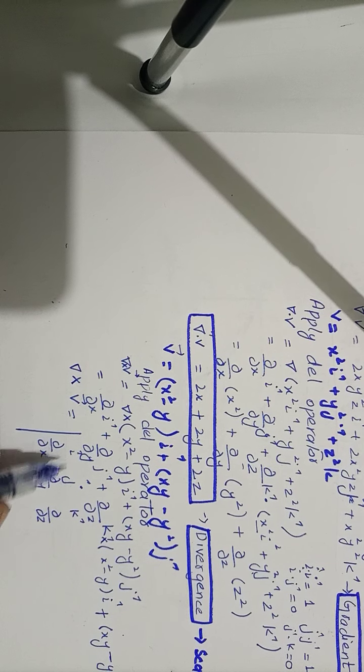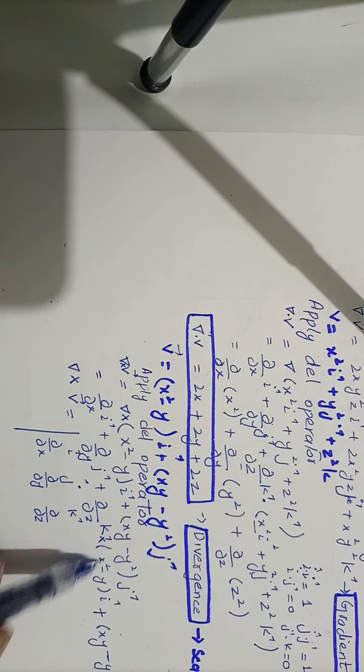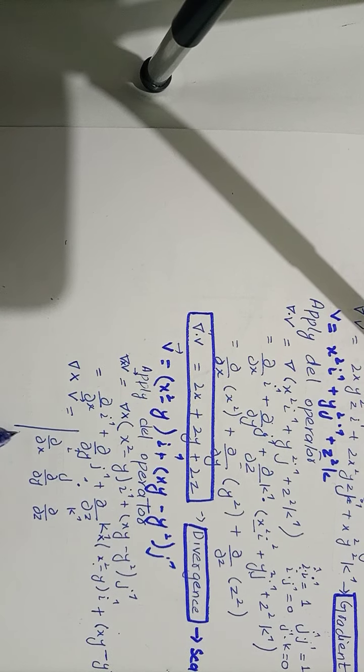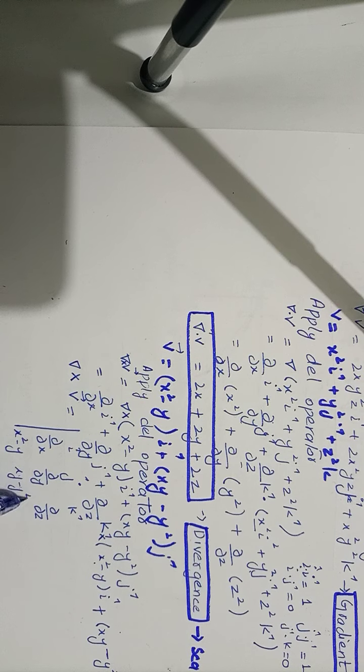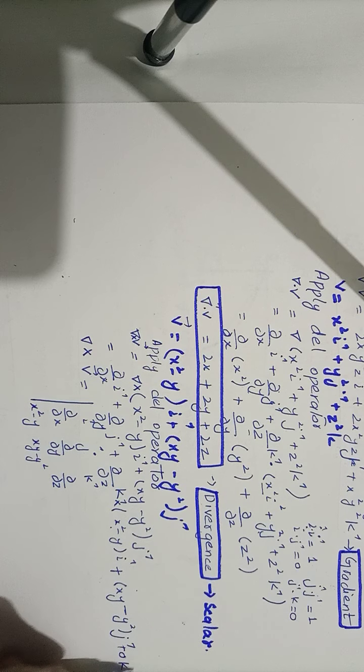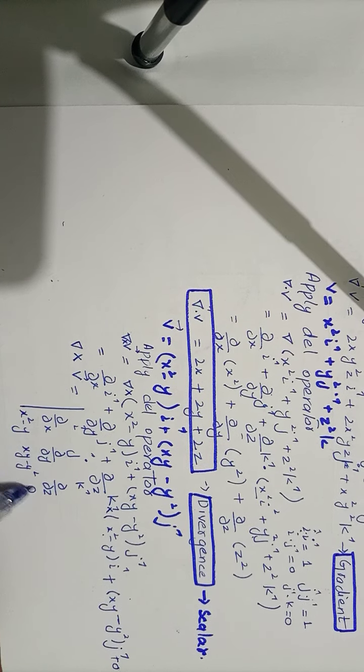For the i component, the value of x squared minus y, and for the j component, xy minus y squared. And here the k component is 0, plus 0 k. Here 0 will come.